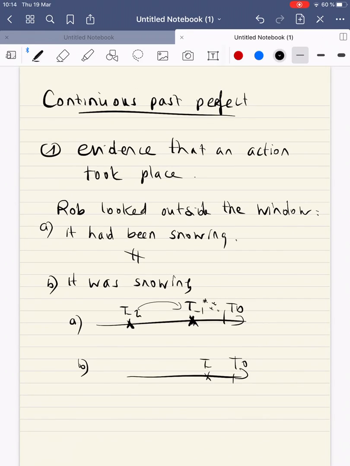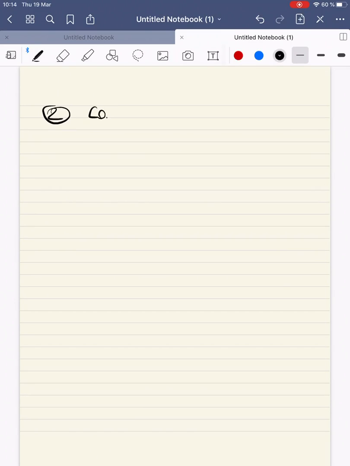But if you say, in the second example, he looked outside the window, T-1, it was snowing, it means the moment he starts looking outside the window, it started, but it's ongoing. It's still snowing. It might not necessarily be the case in the first sentence. We say it had been snowing. Maybe the snow has stopped, but now it's white. It's like everything's covered in white. But if you say it was snowing, it means they're in the middle of it. Snow is still falling. So that's the first point I wanted to make with a continuous past perfect.